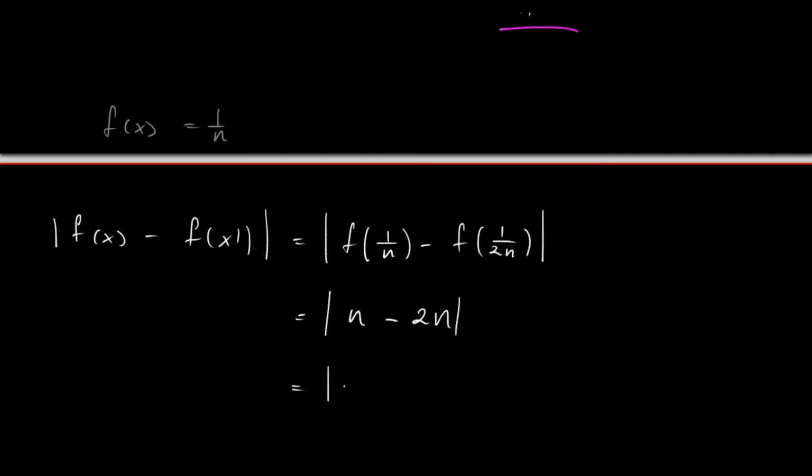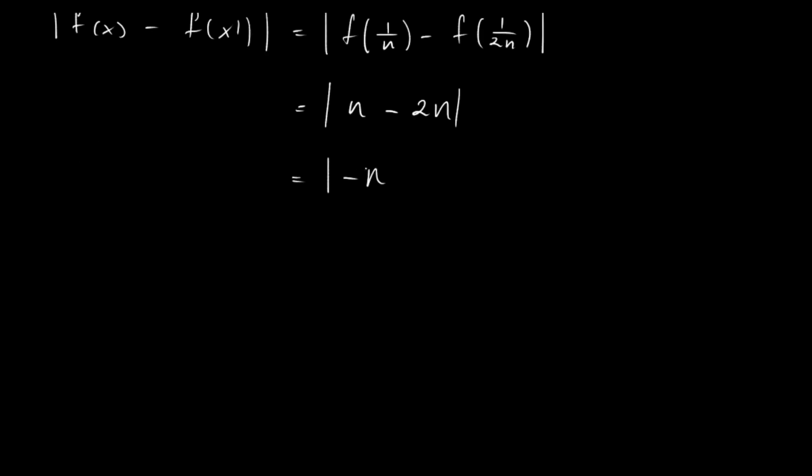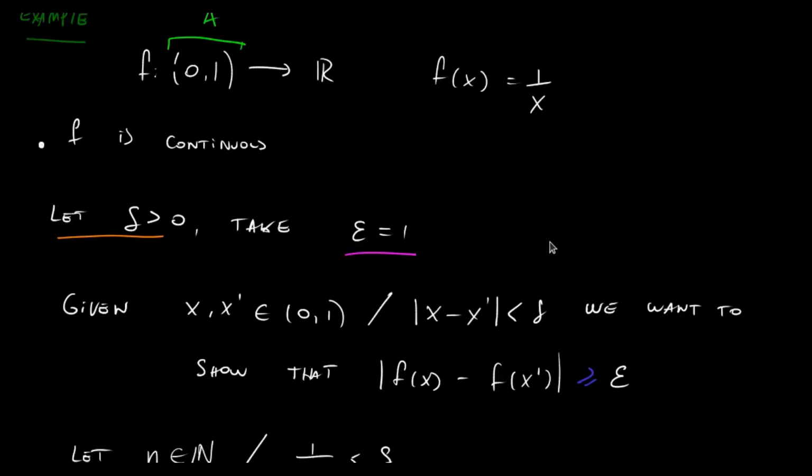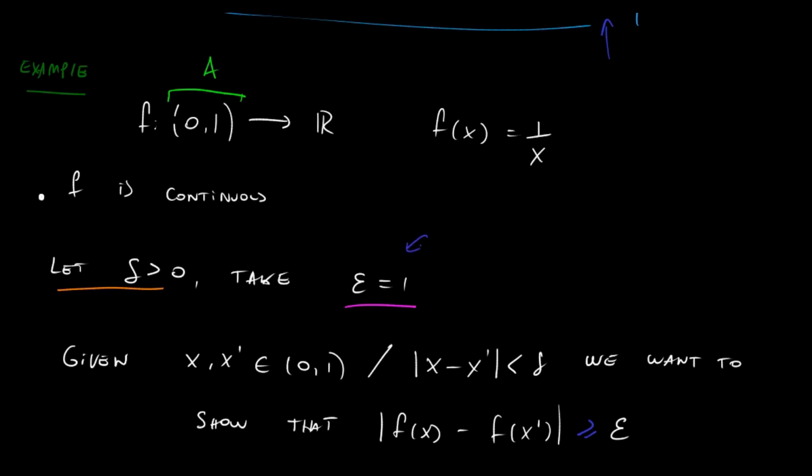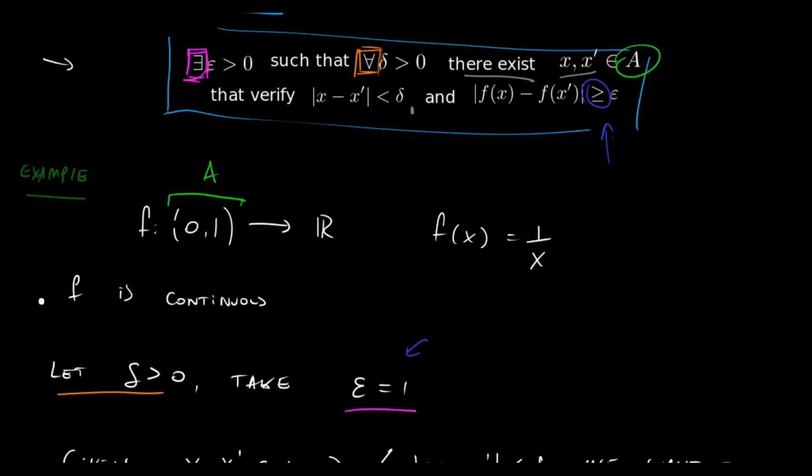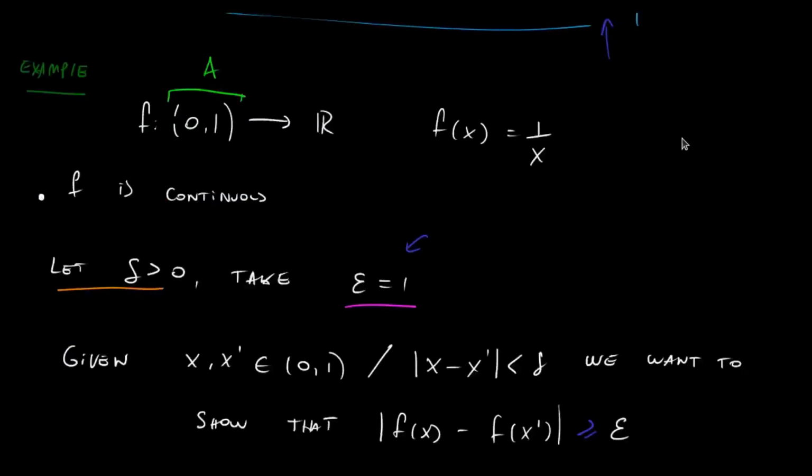So then this is n minus 2n, which is minus n, and as n is a positive number, this absolute value gives us n. n was a natural number, so it's always greater than or equal to 1. But we actually took 1 to be equal to epsilon. So then the absolute value of f of x minus f of x prime is greater than or equal to epsilon. Because we took epsilon equal to 1, and this is exactly what we wanted to have.